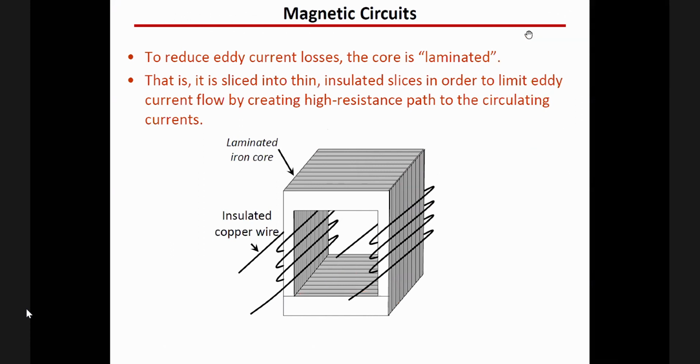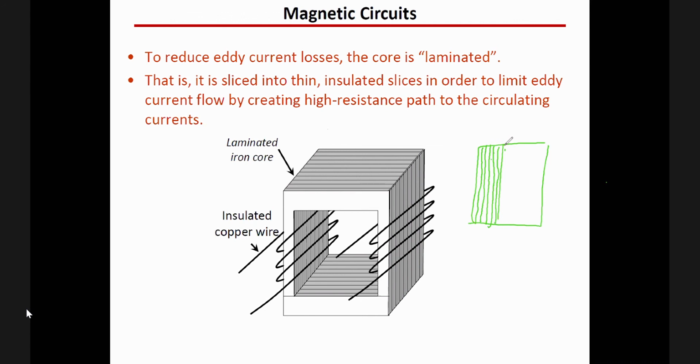We use the concept of lamination, meaning that instead of using one piece of magnetic material, we break it down into very small sheets. If you open a small transformer, you will see these small sheets of material. Why might this increase the resistance?